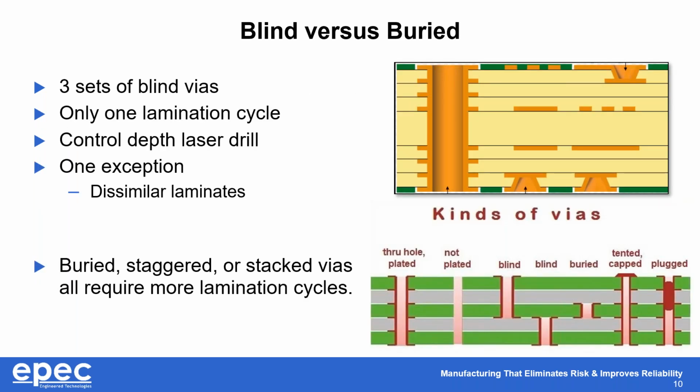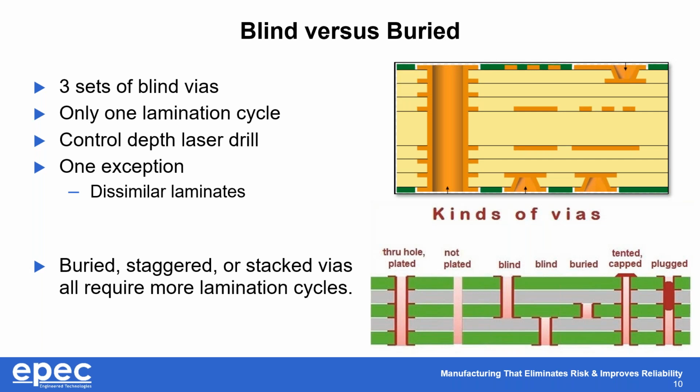Blind versus buried vias, right? This particular one, the top one here, has what we'll call three different sets of blind vias, but there's only one lamination cycle. Well, why is that? Well, these micro vias are on the outer layers so that they can be controlled, laser drilled, and then you will go ahead and drill the through holes, go through your plating cycle, and you only have to do one lamination cycle.